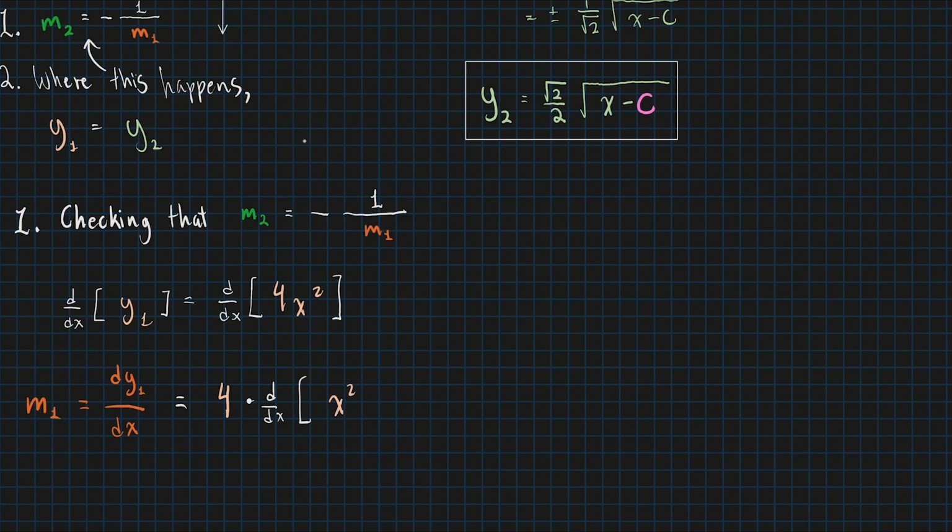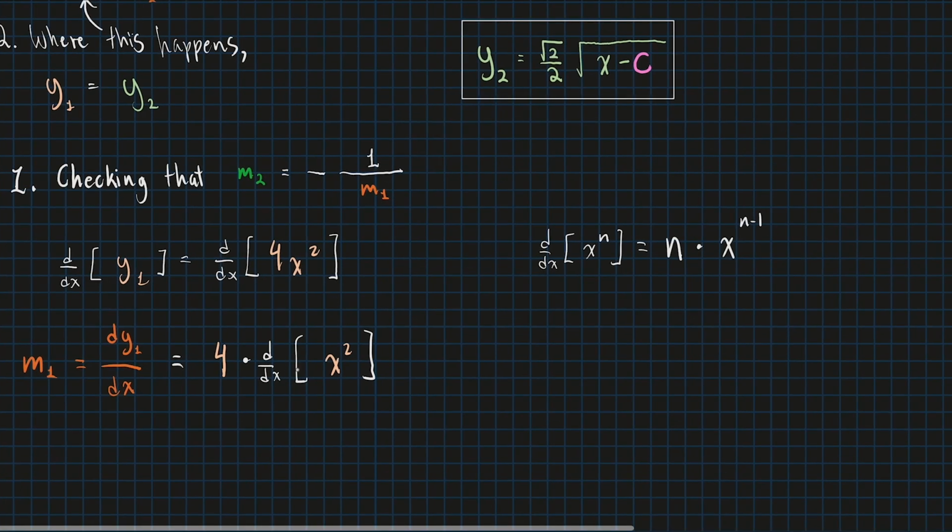x squared. Now you might remember that the derivative of x squared is 2x, but in case you need a reminder of the power rule, I'll do an aside here. d over dx of x to the n is equal to n times x to the n minus 1. We subtract 1 from our exponent and put our original exponent out of the front.